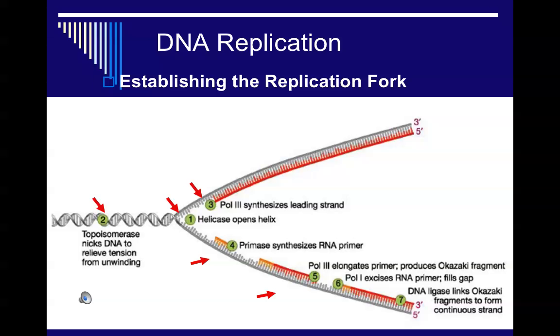Now, believe it or not, there's more going on in this process than what's even on this slide. What's not shown on this illustration is that when helicase opens up the double helix, there are actually single-stranded DNA-binding proteins that keep and hold this fork apart just long enough for some additional enzymes to come in and do their job.